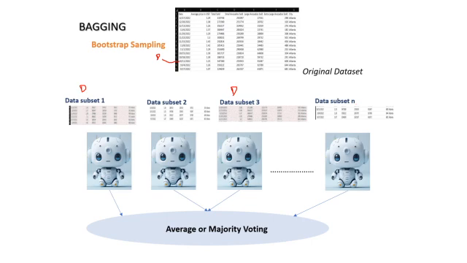If the problem is regression, we average whatever predictions they have made, or if it is a classification problem, we go for the majority to make the final prediction. So definitely this kind of method does improve the accuracy and reduce the variance.